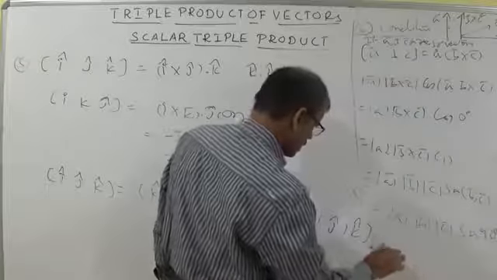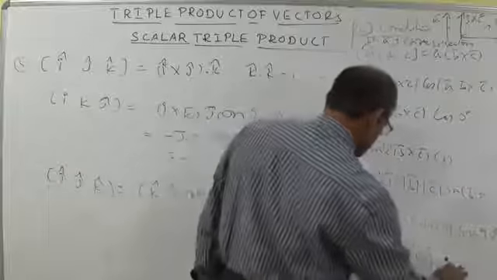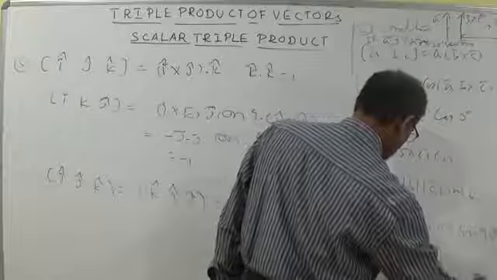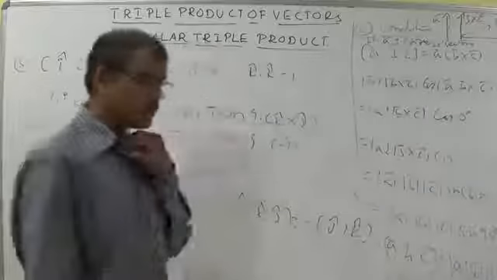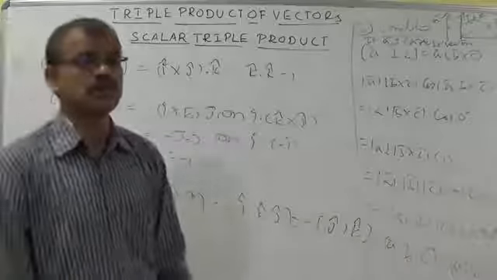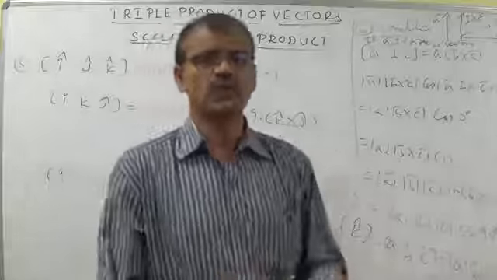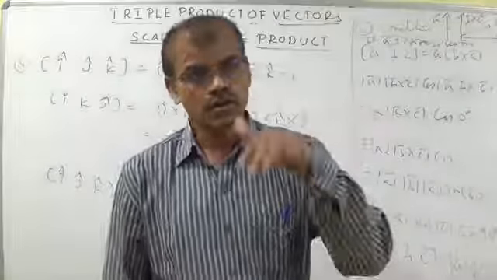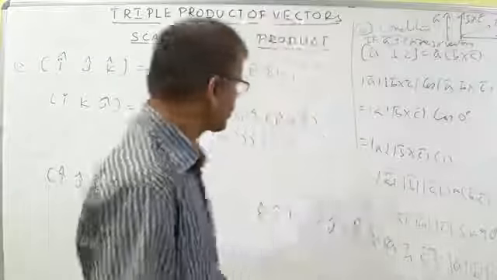Therefore, box ABC is equal to mod A into mod B into mod C. This is an important point. If A bar, B bar, C bar are mutually perpendicular vectors, then box ABC is equal to mod A into mod B into mod C. If they are unit vectors also, then you can say that box ABC is equal to 1.